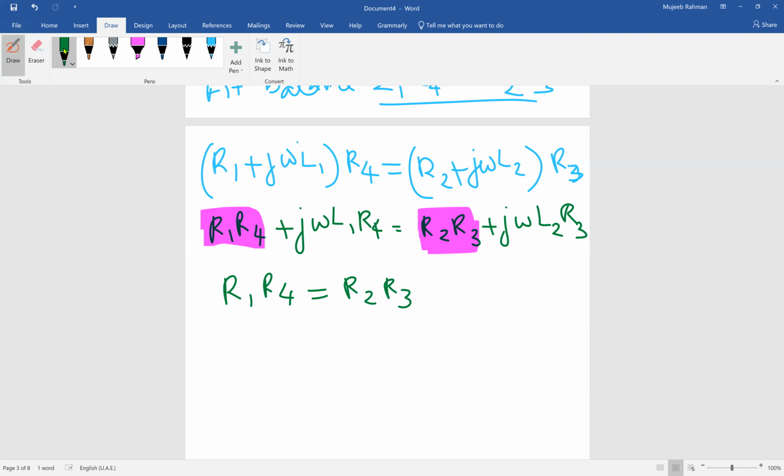From this, the unknown parameter is R1, so R1 is equal to R2 R3 divided by R4.